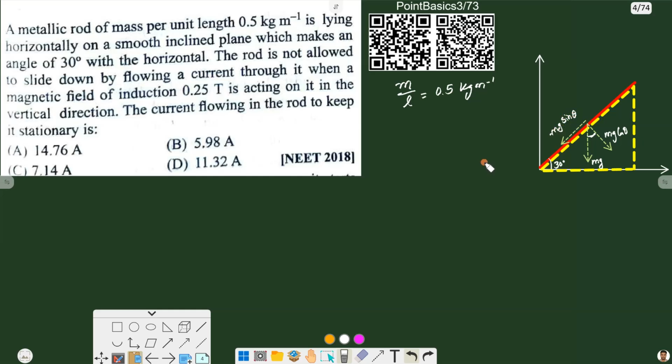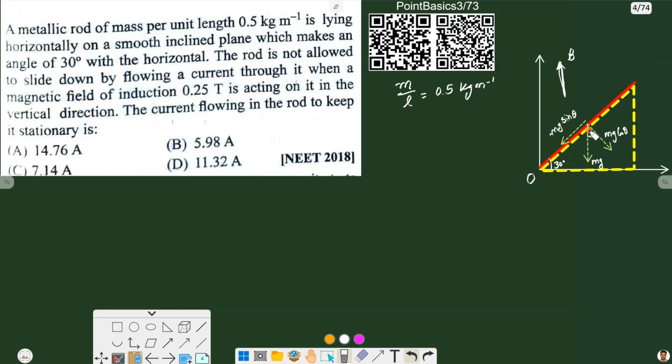Now, as mentioned, the magnetic field is in the positive y direction, so we have the magnetic field here. And we can have current in this conductor in either direction.